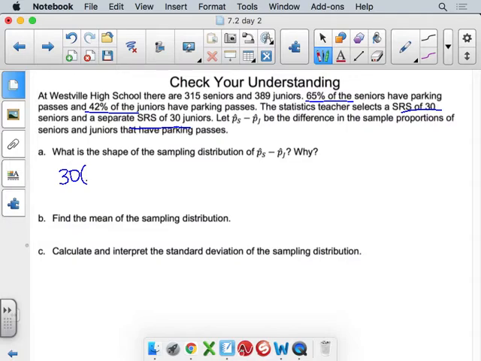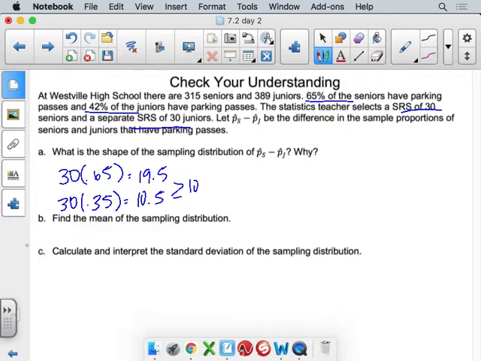So times 65%, sample size times 1 minus 65%. When I've already done it, 19 and a half, 10 and a half. So those are greater than or equal to 10. So our sample size is big enough in comparison to our probability.